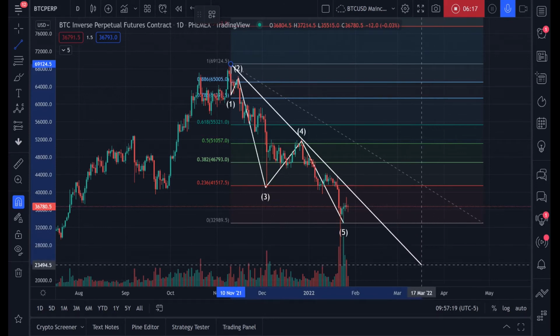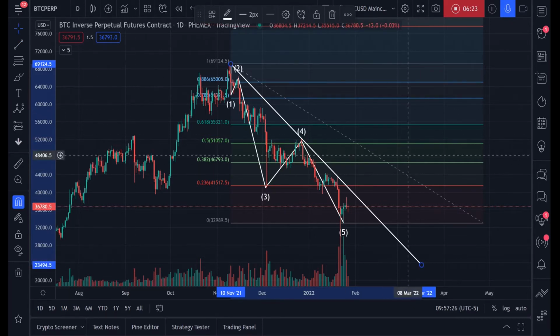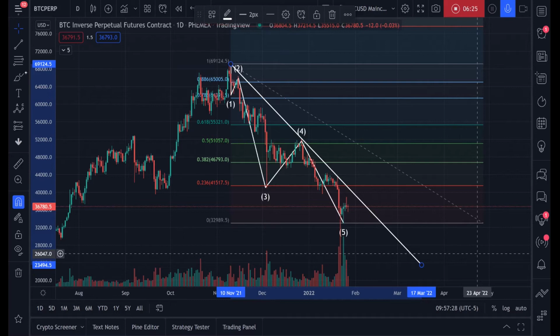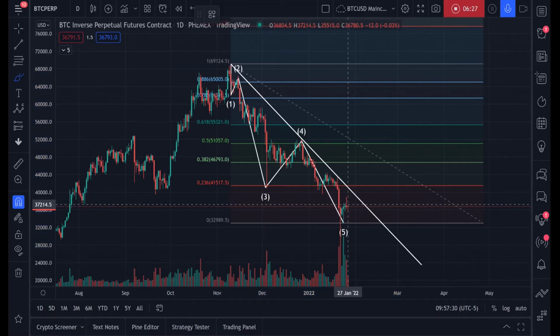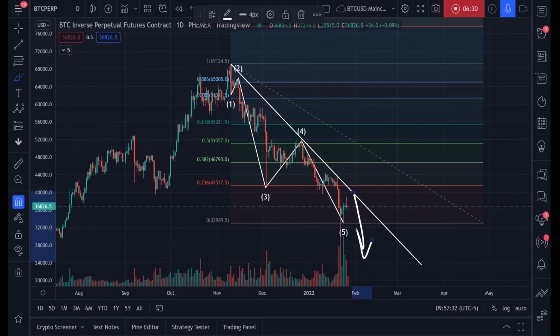Okay, the other thing I want to show you is this. Here's a trend line, an important trend line. Please beware. Until this trend line is broken, we're likely to reject off of it, okay? That's just charting 101. It doesn't mean we're going to completely get rejected from it.